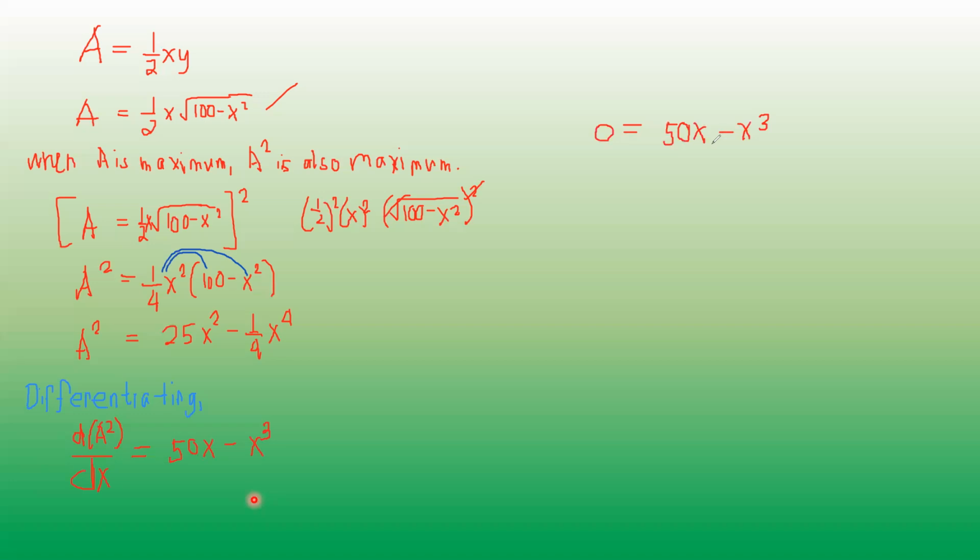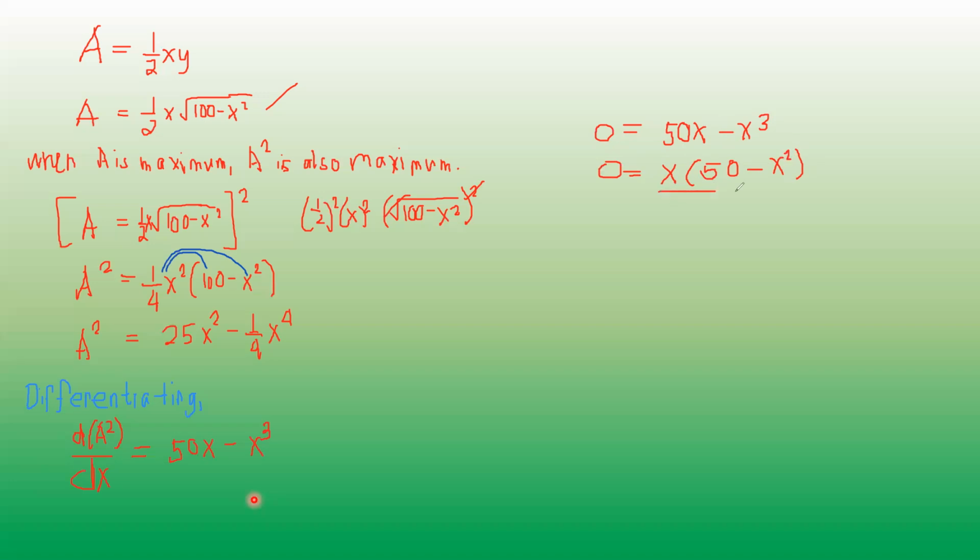So yung common, yung mababang exponent which is 1. So yun ang common. Kaya magkakaroon ko ng 0 equals, labas mo yung x common. Pag nilabas yung x, ito may iwan, 50 na lang. Ito magiging x squared. 1 minus 1 to 0 na, kaya walang x dyan. 3 minus 1, so 2.